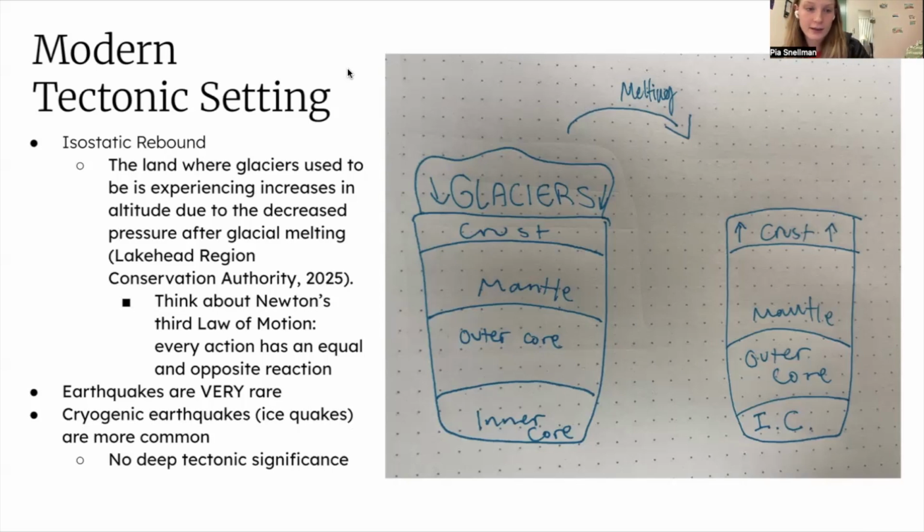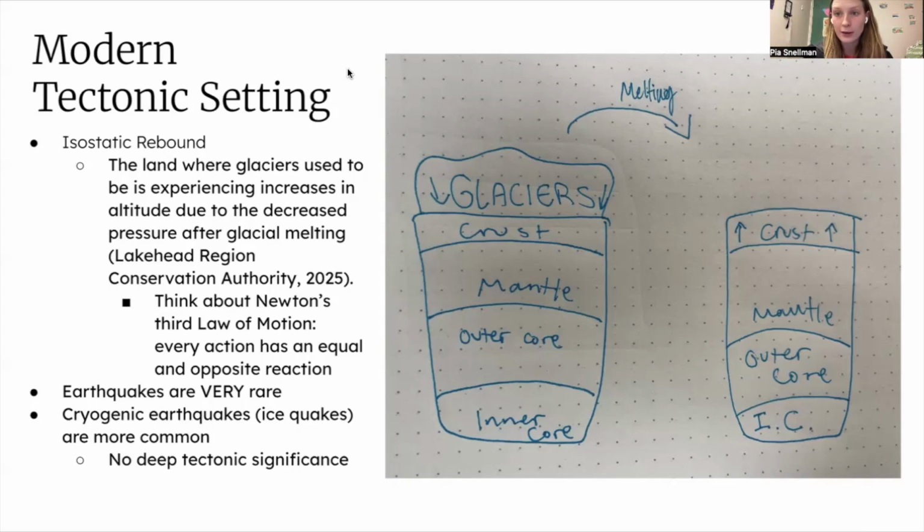Earthquakes in this region are very rare. They happen maybe once every few years, if not decades. And in Wisconsin, usually they are just felt from neighboring states, which are also very rare. More common are cryogenic earthquakes, which we call ice quakes. They are basically the result of the rapid changing of temperatures of frozen and melting grounds.